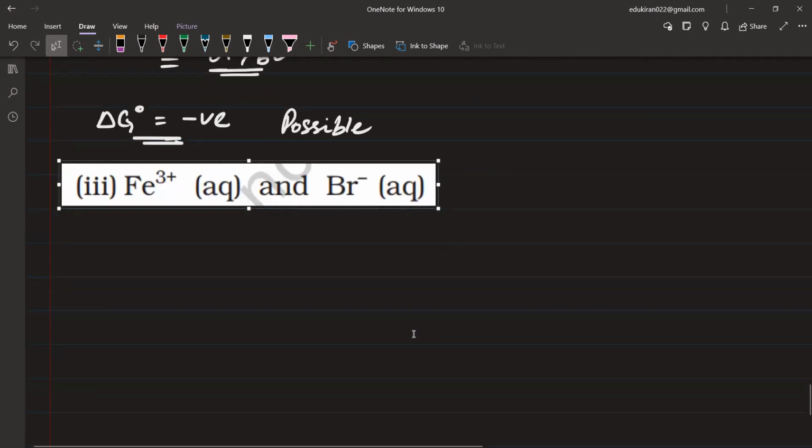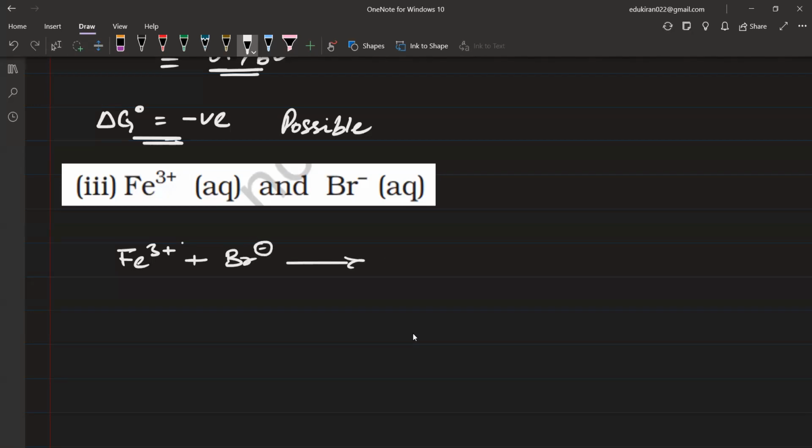So again, we have Fe3 positive. Fe3 positive will go to Fe2 positive only. So we have Fe3 positive plus Br negative gives me Fe2 positive plus half Br2.